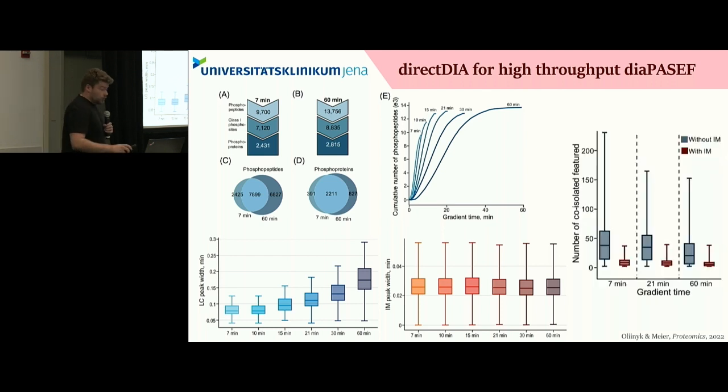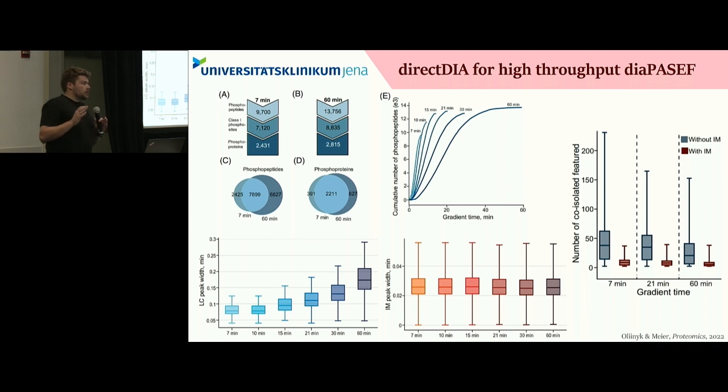This also helps us decrease the complexity of spectra that we acquire as we go through shorter gradients. With ion mobility, we are able to quite substantially decrease the number of co-isolated and co-eluted features, which allows us to identify more phosphosites with better quality.